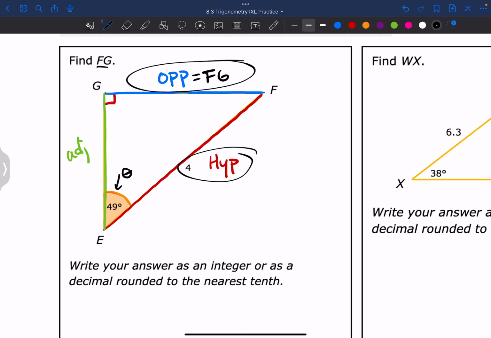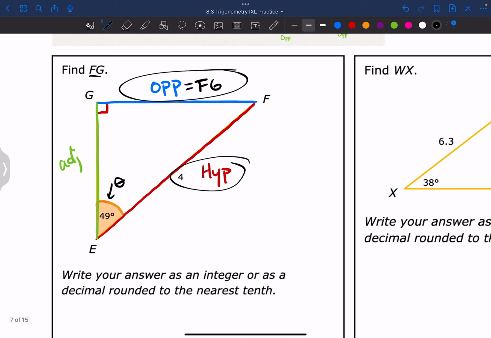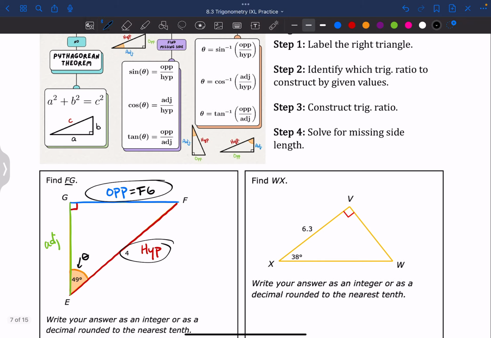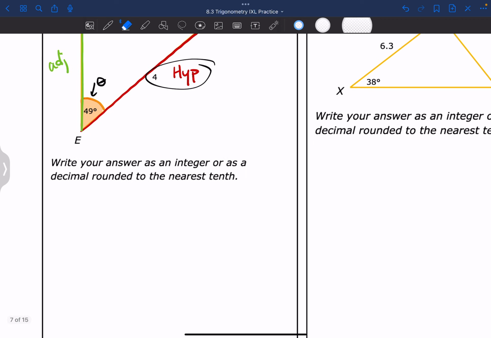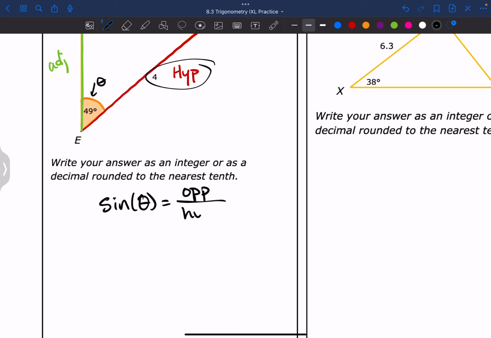So, which trig ratio deals with opposite and hypotenuse? Sine. So I'm going to utilize sine. Sine of theta is equal to the opposite side over the hypotenuse.